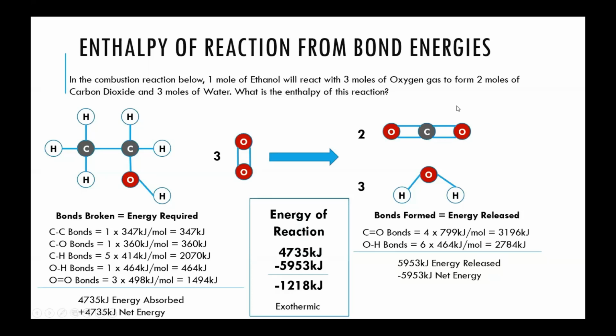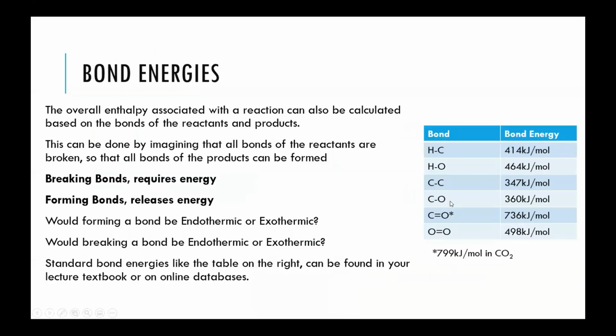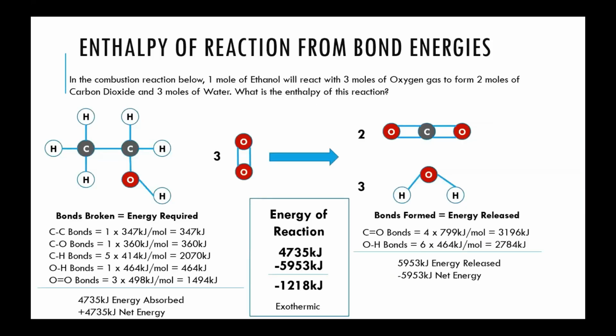So there are a total of 4 carbon-oxygen double bonds. And please note that if you're looking at carbon dioxide, the bond energy of the C double bond O in carbon dioxide is particularly strong. So it does have a higher energy associated with it.